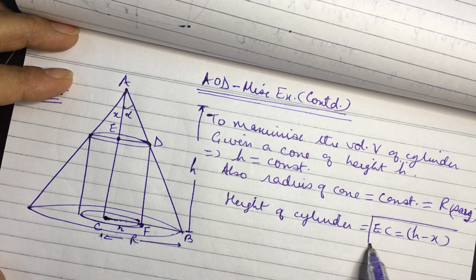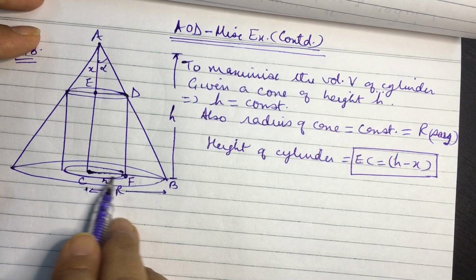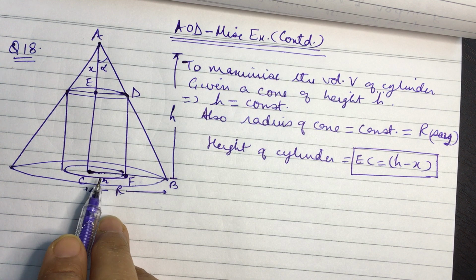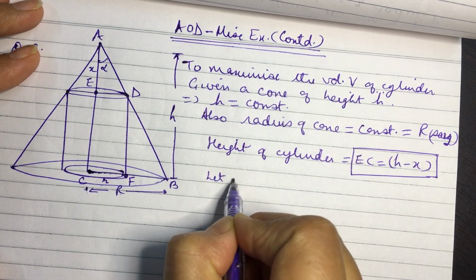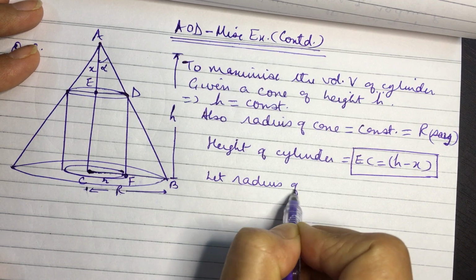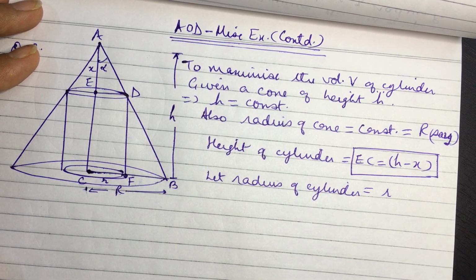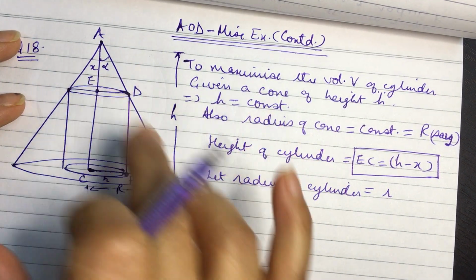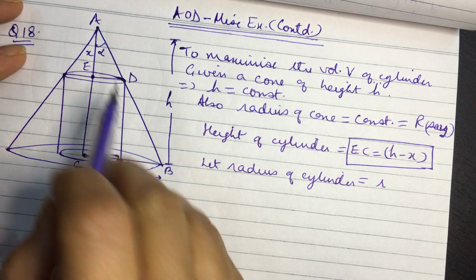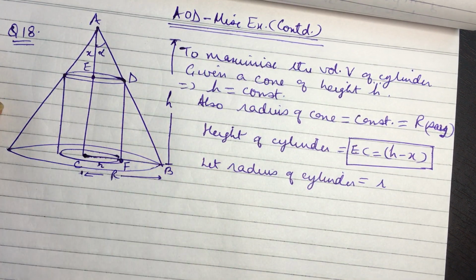So one thing is here. Now what else is given to us, that this radius of the cylinder is equal to small r. Now small r also we want to find in terms of h and x, so that the volume can be expressed in terms of small x. Okay.